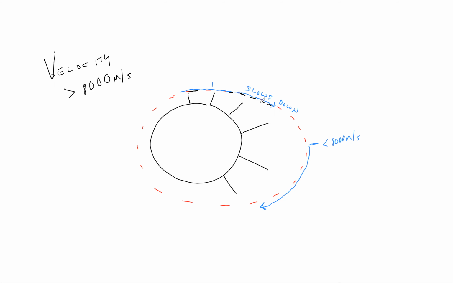Because see, the angle is not 90 degrees anymore. This angle is bigger than 90 degrees. So now we are working against gravity, which is why we slow down. Now at this point out here, if we continue this line, this angle is less than 90 degrees. So now we are working with Earth's gravity. And that's why at that point we're going to speed up.